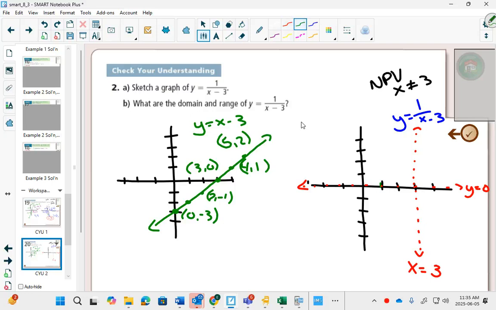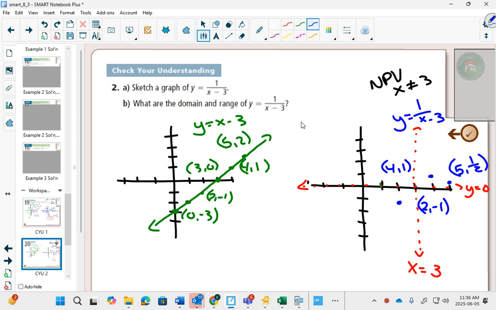What's going to happen to 5, 2? It's going to be 5, 1 over 2. What's going to happen to 4, 1? It's going to stay 4, 1. What's going to happen to 2, negative 1? It's going to stay 2, negative 1.